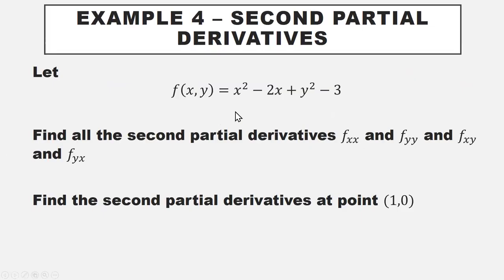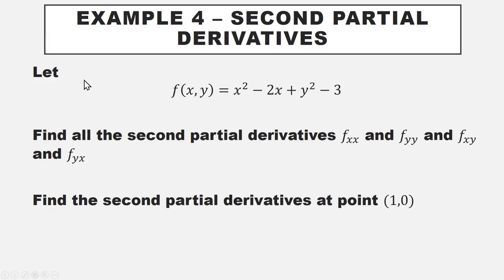So let's go back and find all of the second partial derivatives of this function. This is a function we saw earlier. This was my example 1 function. F of x, y equals x squared minus 2x plus y squared minus y.